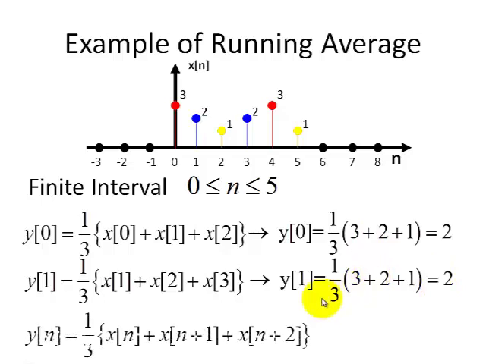Now in general, we can represent this running average as follows, where we have x sub n, x sub n plus 1, x sub n plus 2. So we have the present value plus 2 future values. When we use future values to give us the output, we call that a non-causal system.